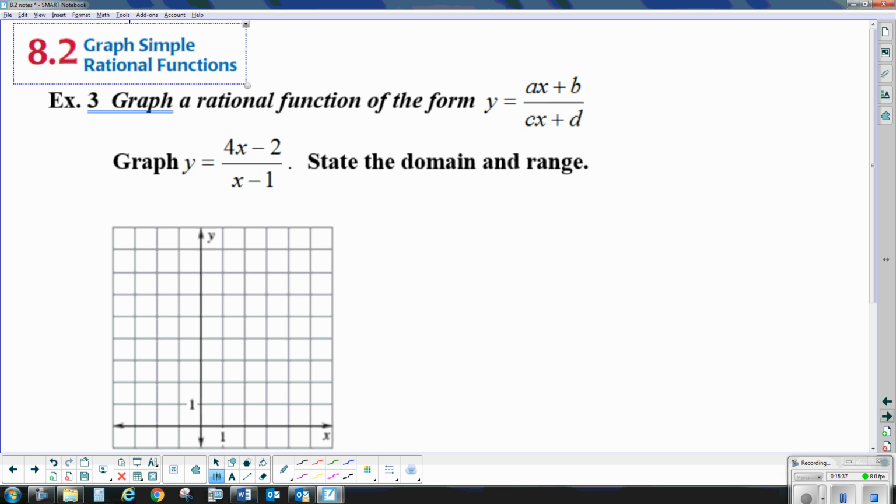So we're going to graph the rational function in the form y equals ax plus b over cx plus d. So this is our form that we're going to use. And our horizontal asymptote, y, is going to be equal to a over c.